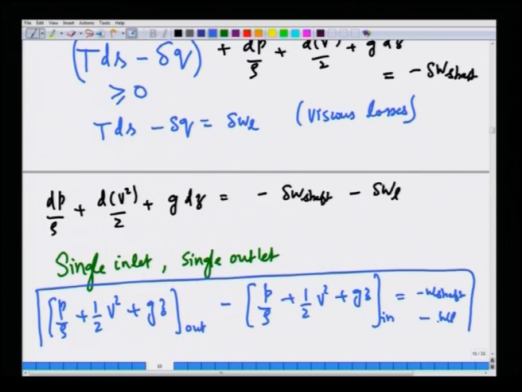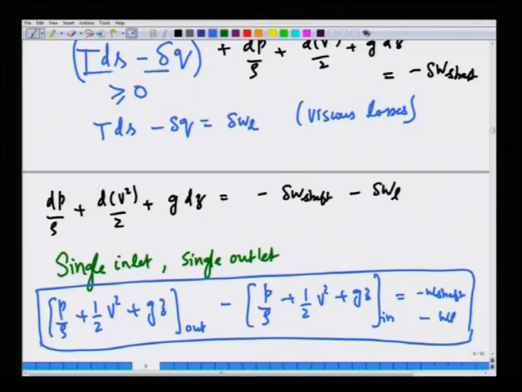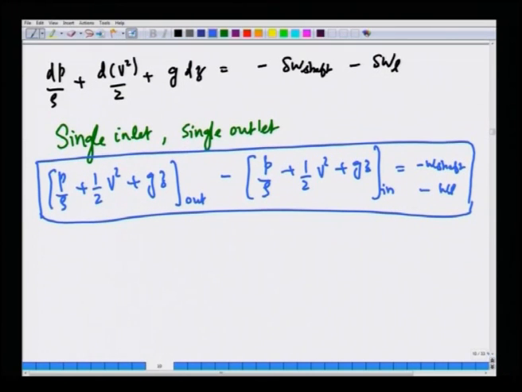Last lecture I motivated this viscous loss term more physically, but now I have also told you that by just using a fundamental relation from thermodynamics, you can show that this T dS minus del Q is what eventually becomes the viscous loss, and that cannot be retrieved as useful work. So, this viscous loss is something that has to be either calculated or obtained from experiments. We will come to how to evaluate viscous loss a little later, but this is a quantity that is always greater than 0.